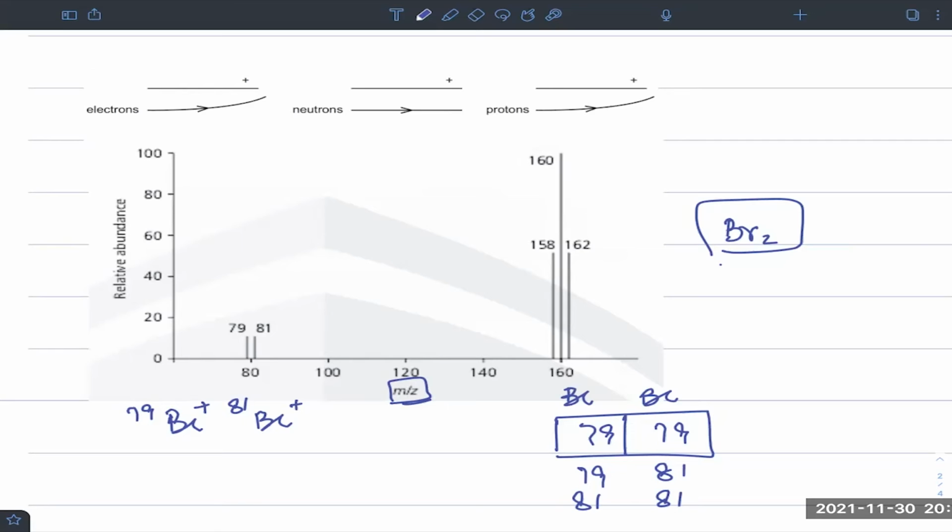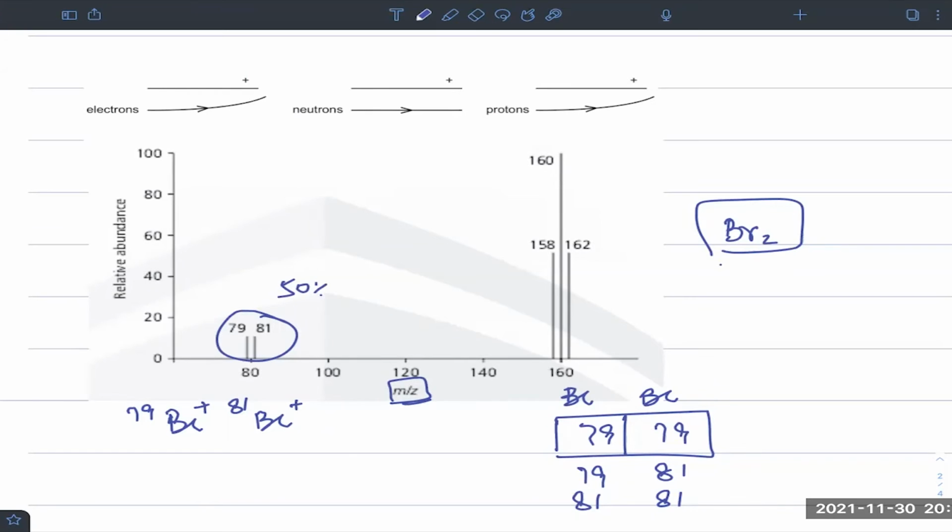Those are the only two isotopes available. You're saying 79 plus 81 is the most likely one? Yeah, that is true, because you can either have the first one as 79 and the second as 81, or the first as 81 and the second as 79, which increases the probability. But judging by the height over here, you can see that they're both 50% of each other. They're equal to each other in probability.